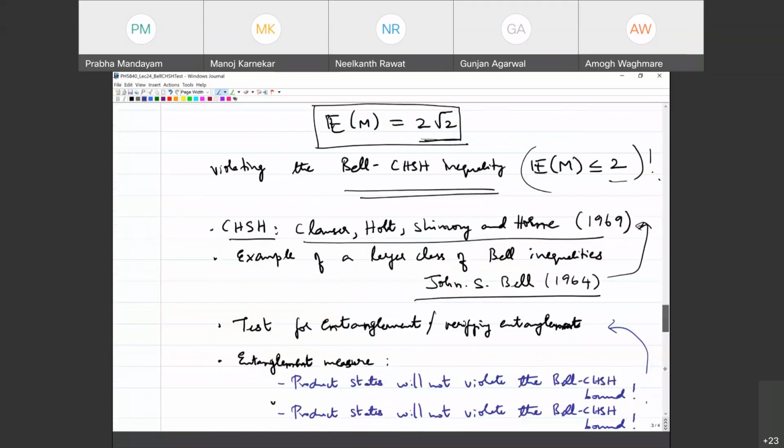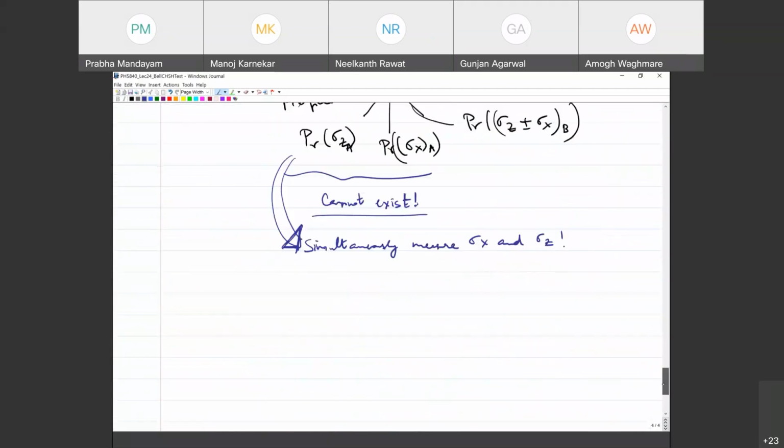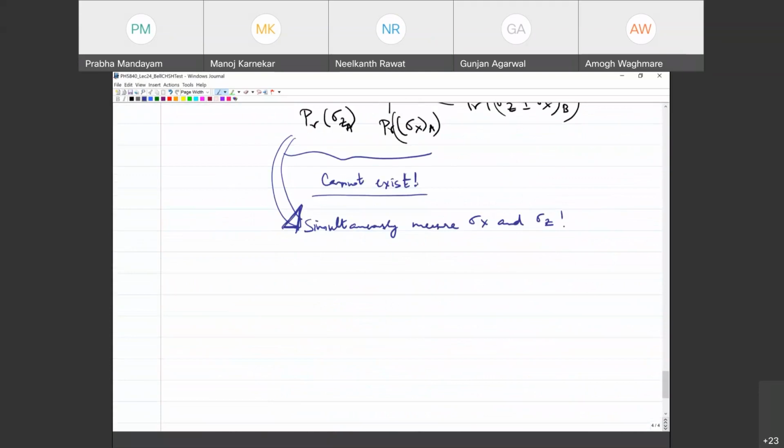Maybe I'll just mention one last thing before I wind up, that the first experimental test of the Bell-CHSH violation was actually done in 1982. So in some sense, quantum mechanics was experimentally verified in 1982.